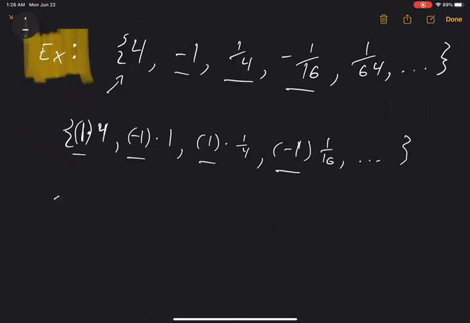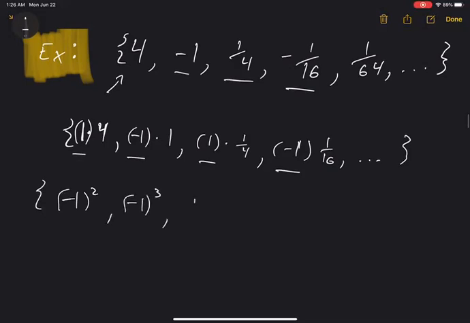Well, I know positive. Let's see. How about +1 is the same thing as -1 squared. And then I got -1, which is the same thing as -1 cubed.